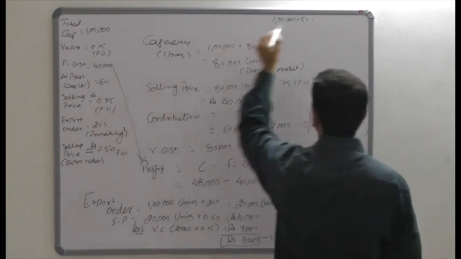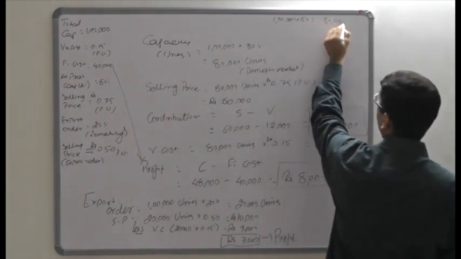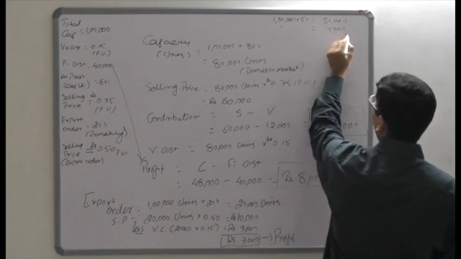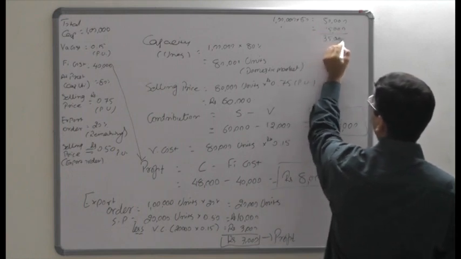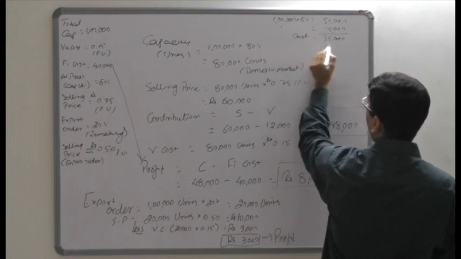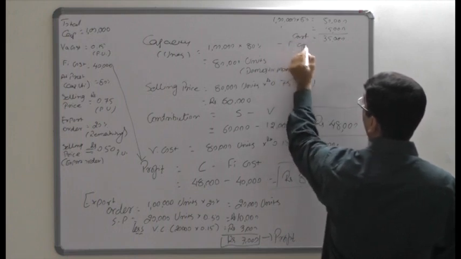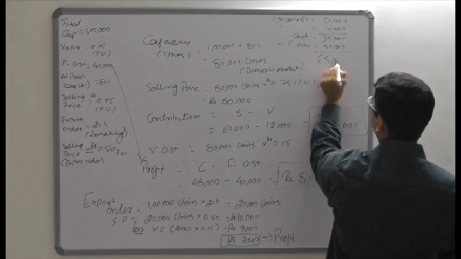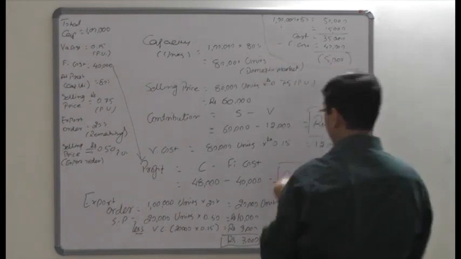Am I right? Yes, 50 paisa. So your sales is 50,000, then variable cost is 15,000. In that case, the remaining contribution is 35,000, less fixed cost of 40,000, and in this regard you have a loss of 5,000 rupees.